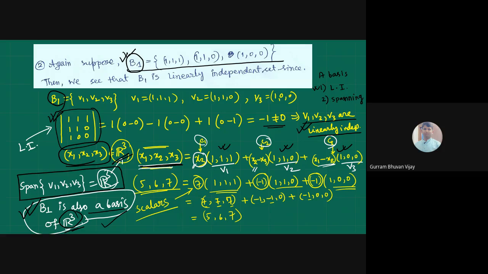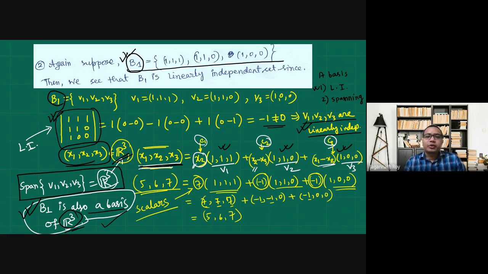Can we choose scalars as we wish? No, it has to be a linear combination. Like in the last class we have seen, right? We have seen that not every vector can be written as a linear combination of some particular vectors.